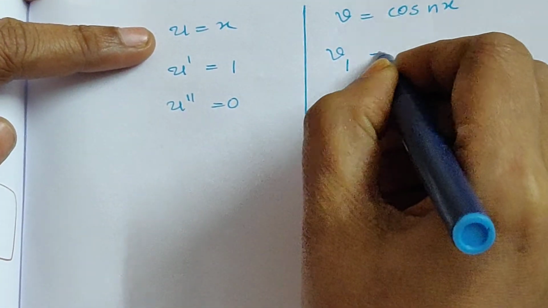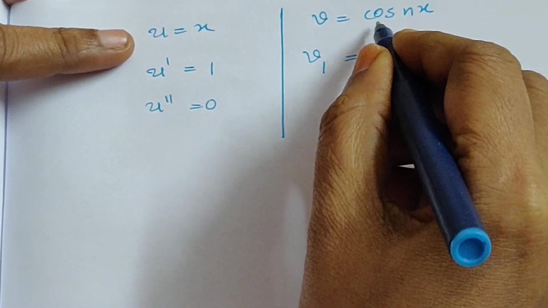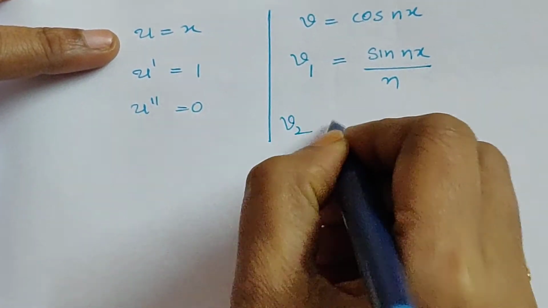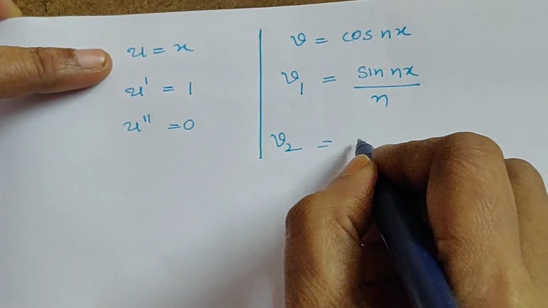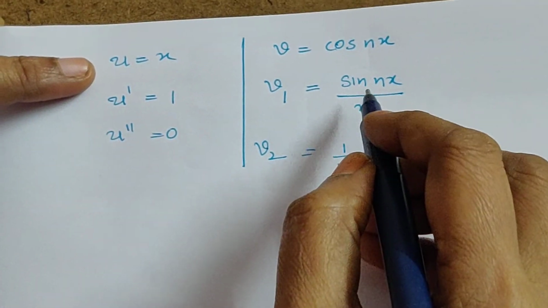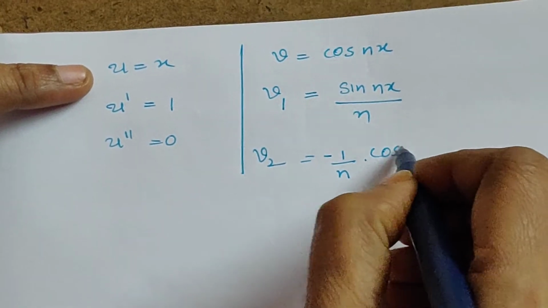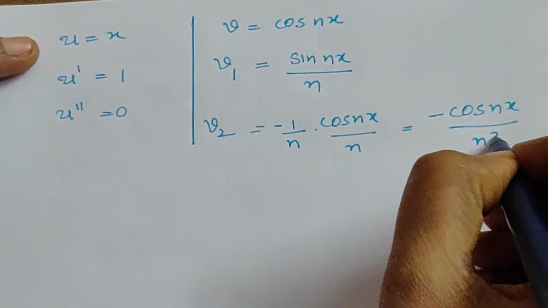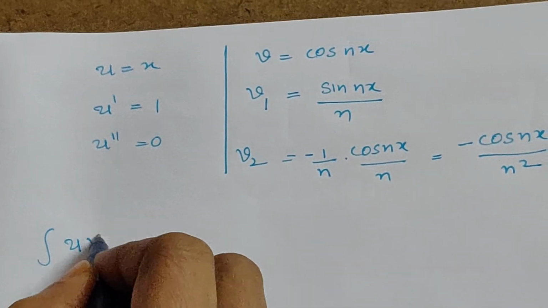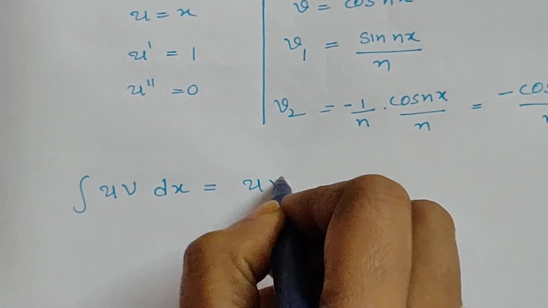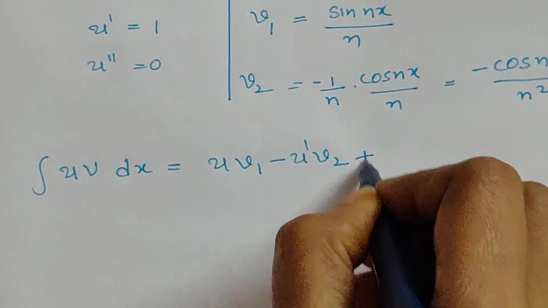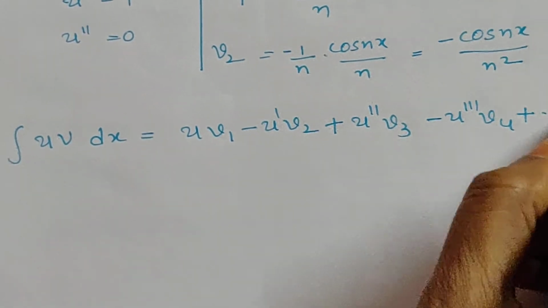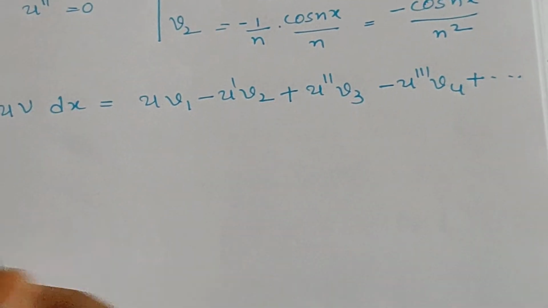Here v1 means the integral of v, so the integral of cos nx is sin nx/n. v2 is again the integral of this, that is 1/n times the integral of sin, which is −cos nx/n, so −cos nx/n².